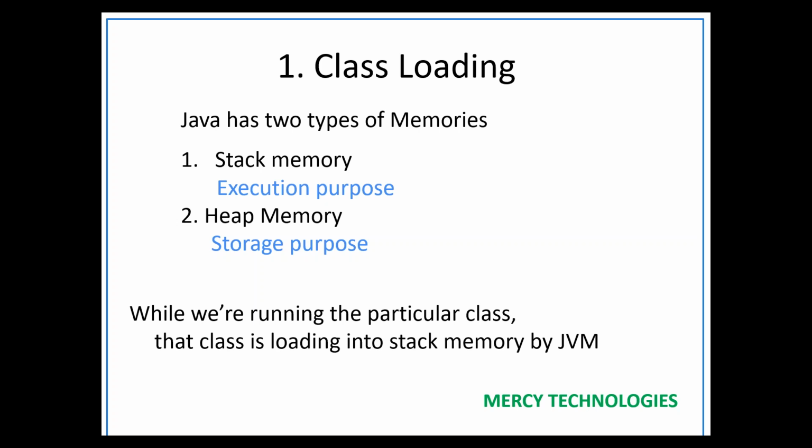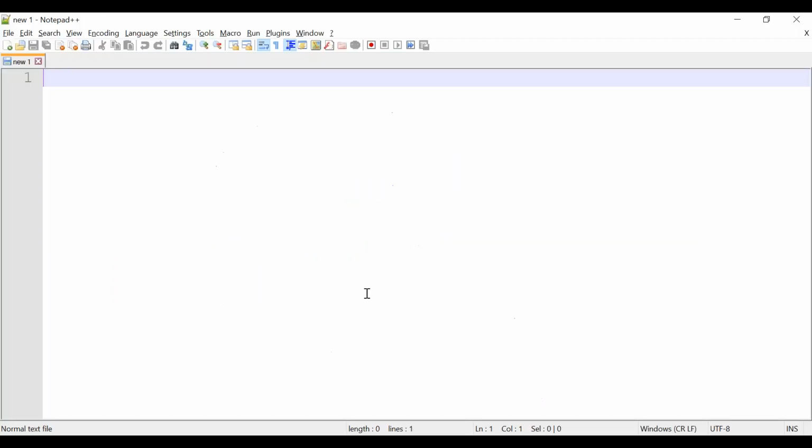And once an object is not used at all, at a later point of time the JVM will garbage collect it. So heap memory is used for storage purpose, and stack memory is used for execution purpose.